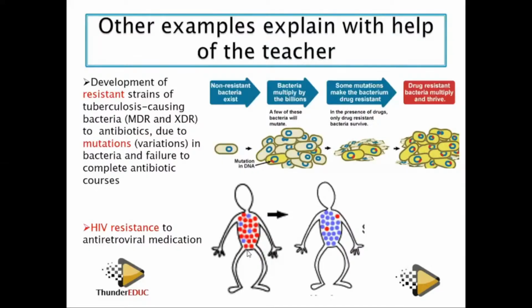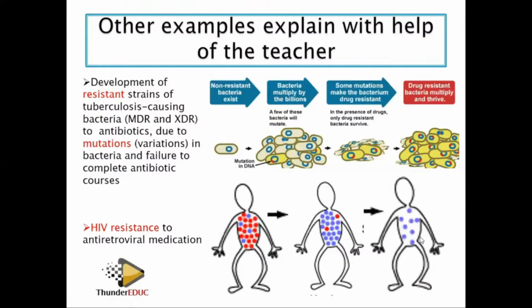When you apply the first medication, the resistant ones will survive, will keep on surviving, while the non-resistant will die. You see that the red ones are dying. And then after many generations, the non-resistant ones will die out, and the resistant ones will survive until the end of the day.